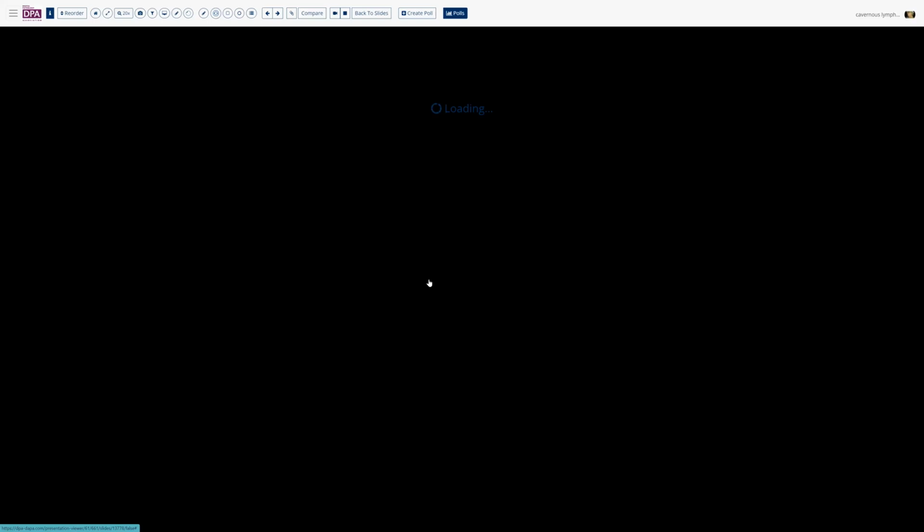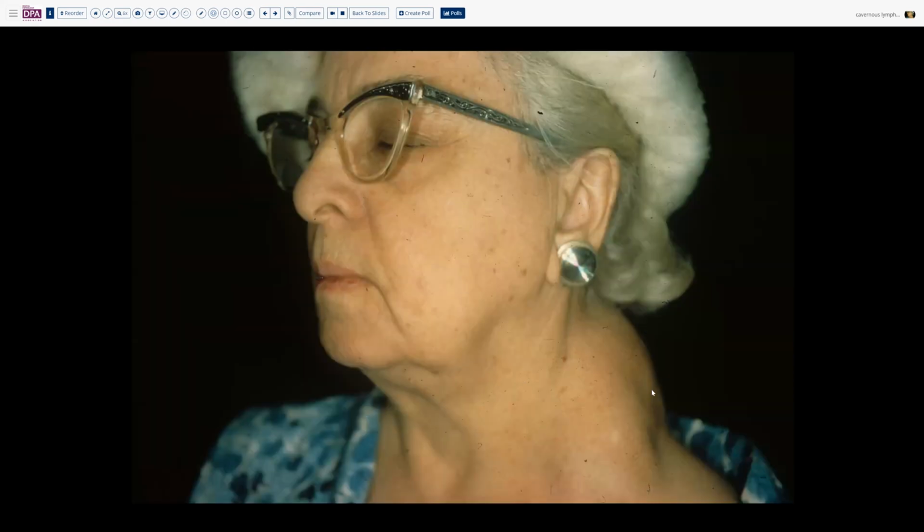So here's a slide showing the clinical appearance. Sometimes these lesions can occur as just very dilated edematous areas of skin, and the classic location would be here in the posterior triangle of the neck.